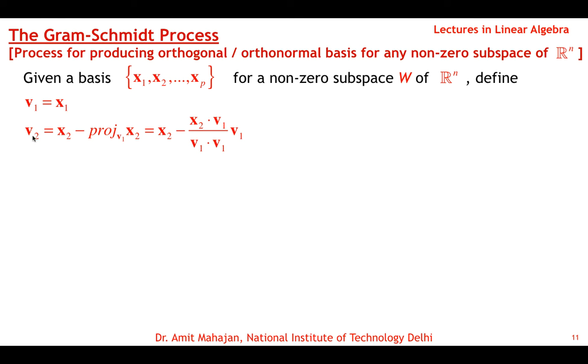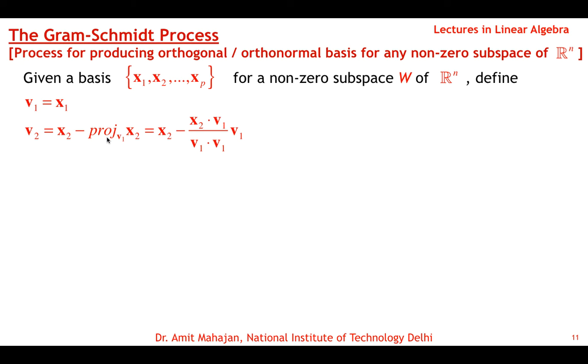You can easily check that v1 dot v2 is exactly 0. If you multiply this v2 vector with v1, you get x2 dot v1 and v1 dot v1, and the v1 dot v1 cancels out, and we get x2 dot v1 minus x2 dot v1, which is exactly 0.